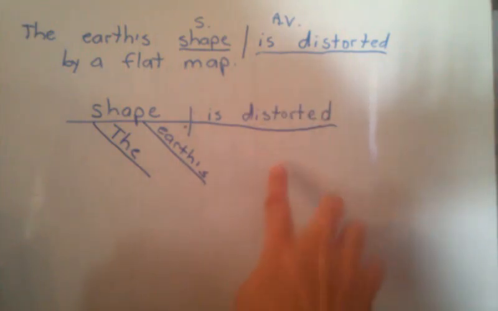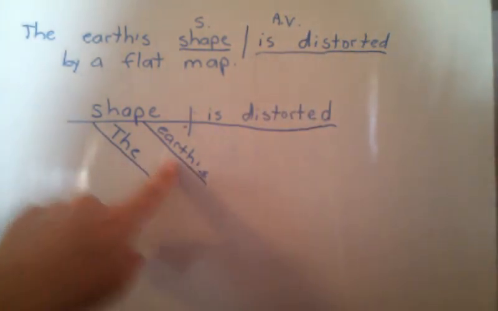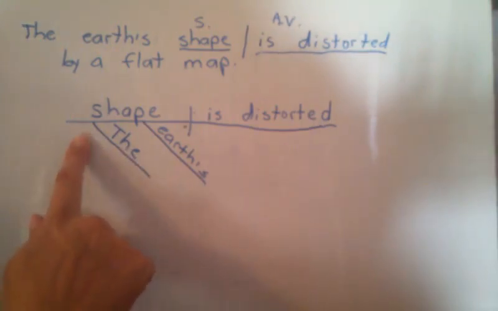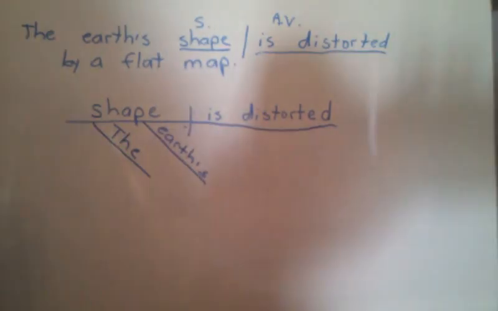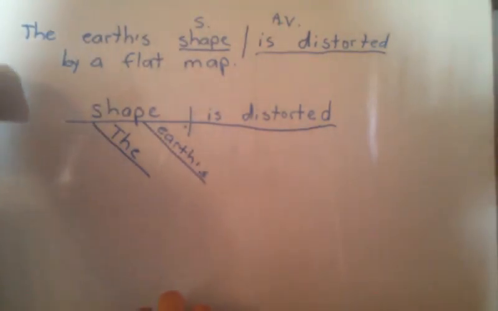Is distorted. Nothing's describing that. So this is what my diagram would look like. The Earth's shape is distorted. So your adjectives always go down here, underneath whatever word they're describing. Okay. Let's look at it. Here's another one.